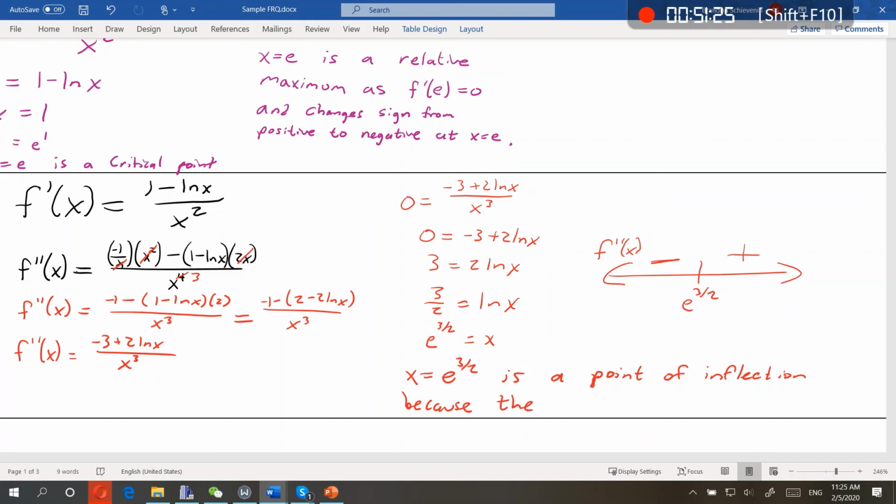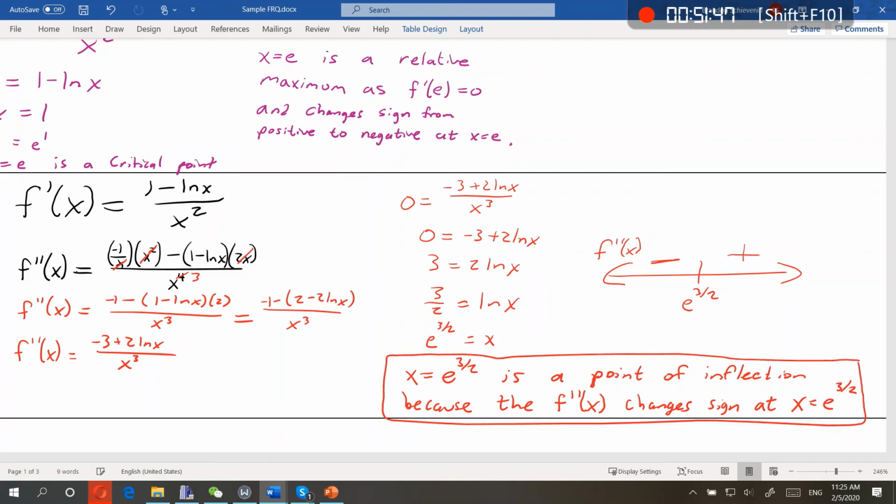Because the second derivative, f prime prime of x, changes sign at x equals e to the 3 over 2. Okay, any questions on that one? No. Okay.